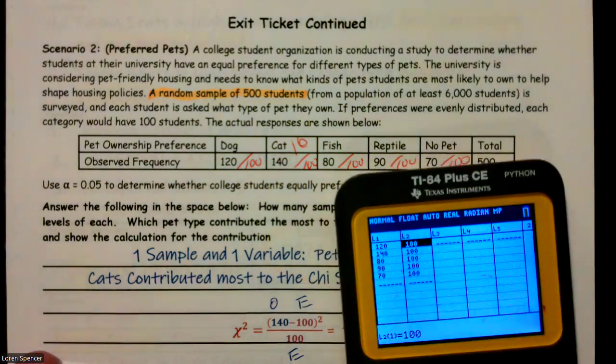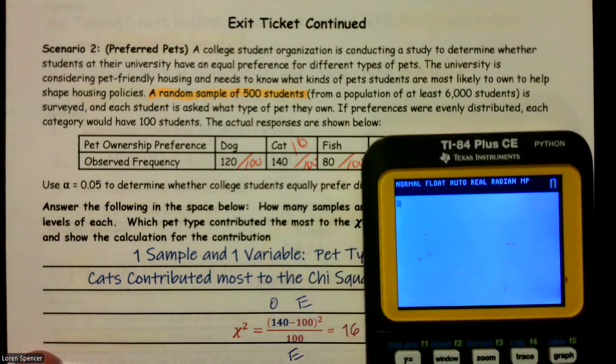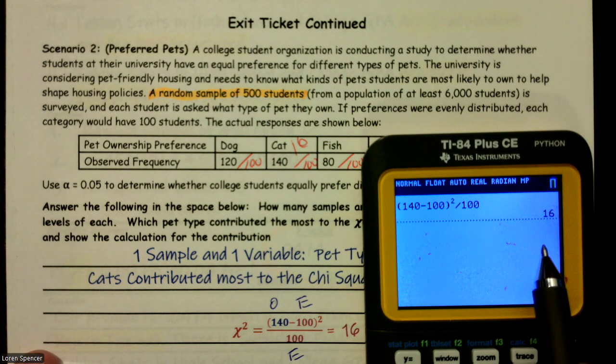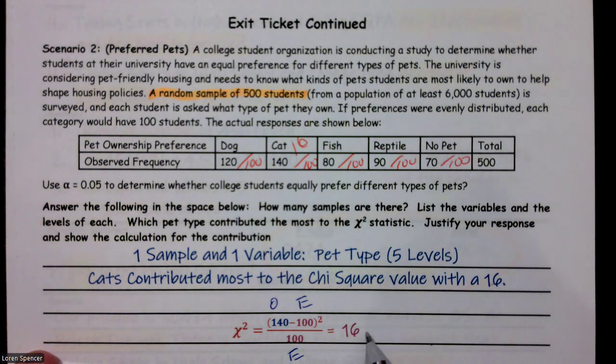So let's try that out. Parenthesis 140 minus 100, close, squared, divided by 100. And sure enough, it equals 16. And that was the CNTRB, the largest contribution.